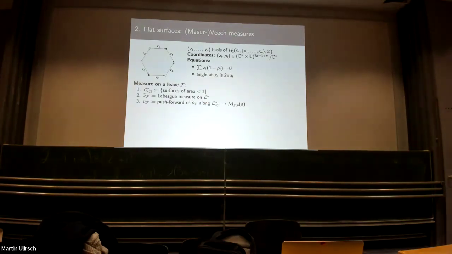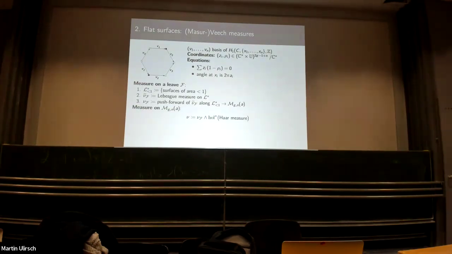By this I mean, if I take some open subset in M_{g,n}(a), its measure will be defined as the measure of the pre-image of this subset, only taken with surfaces of area smaller than 1. So this defines the measure on the leaves.